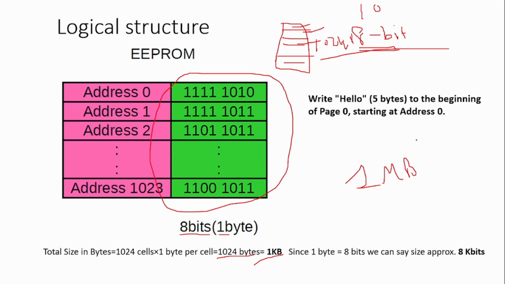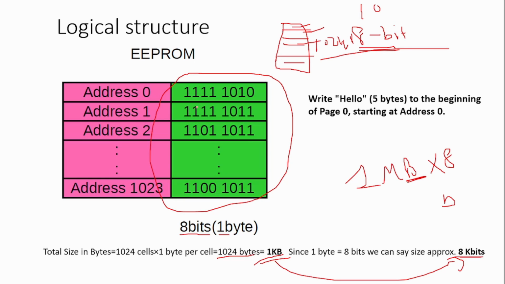To convert megabytes, with capital B, into bits, simply multiply this number by 8. For simplicity, if you have a single paper, the size is 1 KB, and if you convert this into bits, 1 KB times 8, the approximate value would be 8 kilobits. So the size of this EEPROM would be 8 kilobits.